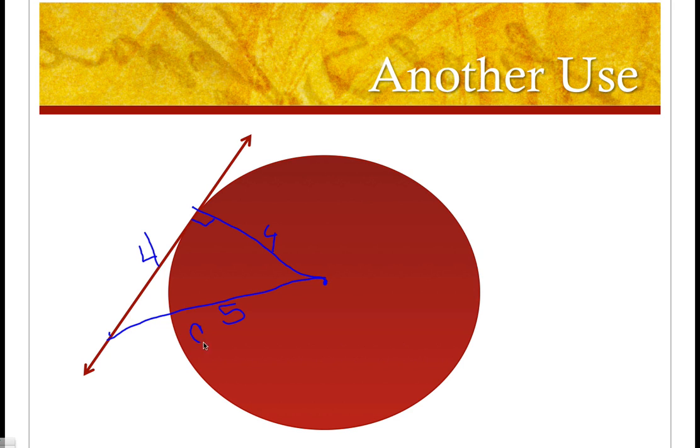Since this side is going to be c because it's across from a right angle, we can set up 4 squared plus 4 squared equals 5 squared. Well, 16 plus 16 is not going to equal 25, so therefore this line cannot be tangent to our circle.